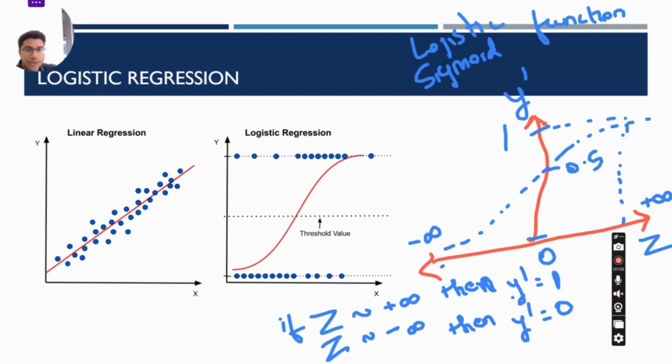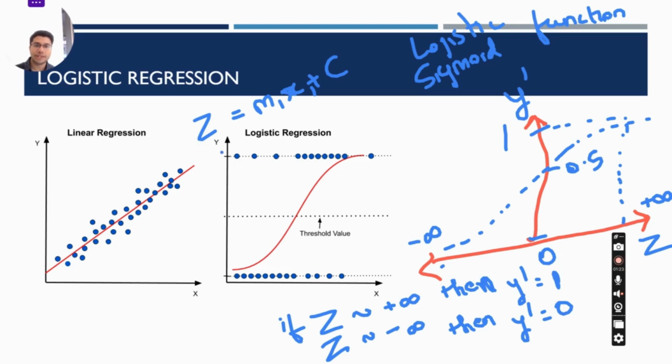So what is Z, if you may ask? Z is m1 x1 plus c, that is the linear regression.